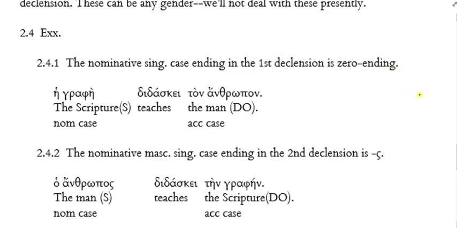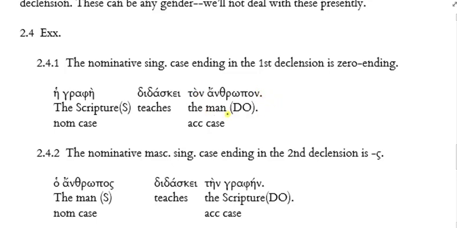Eta and alpha. Very good. So take a look at our example here. I have he graphe. Say that with me. Didaskei. So that's the scripture teaches. This S is not saying singular. The S stands for subject. Okay. So the scripture teaches ta anthropon.